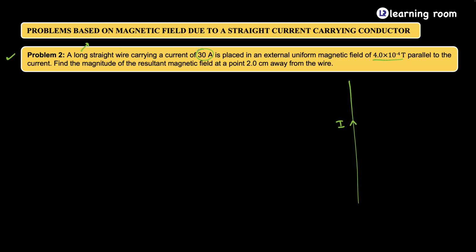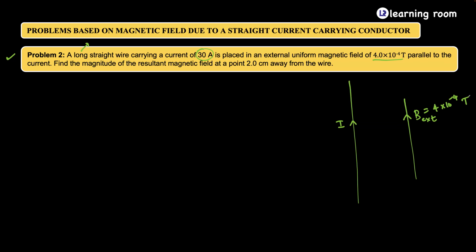In addition, there is also an external magnetic field existing parallel to the direction of current. I'll call this B external, and its value is 4 into 10 power minus 4 Tesla.